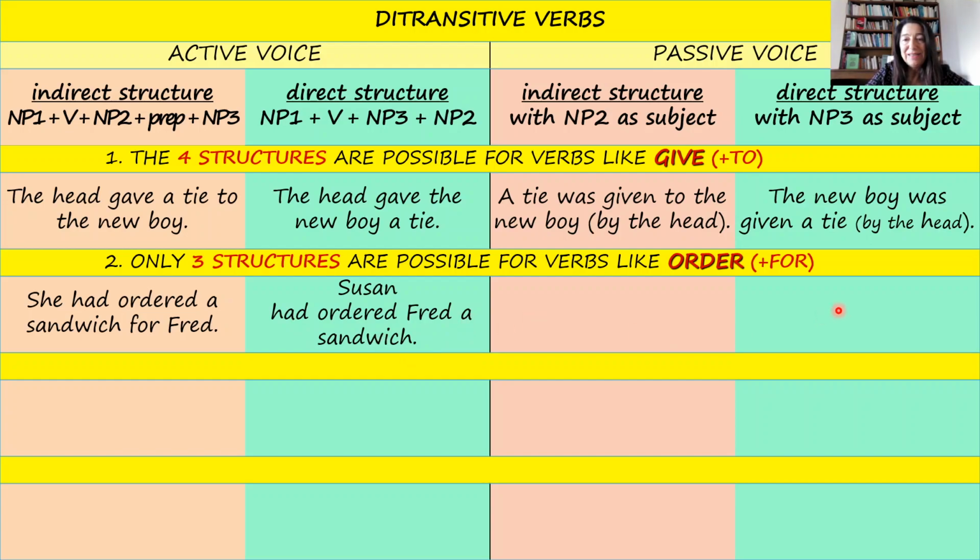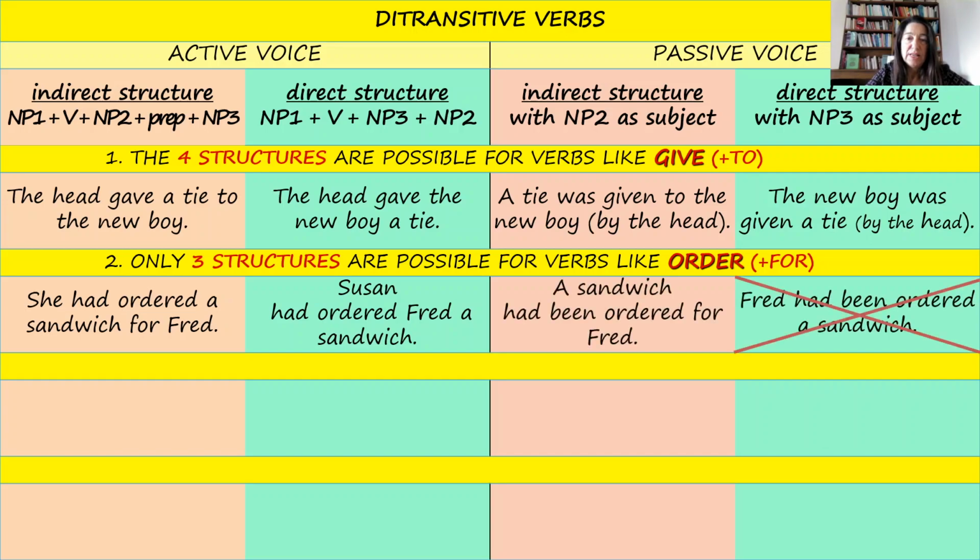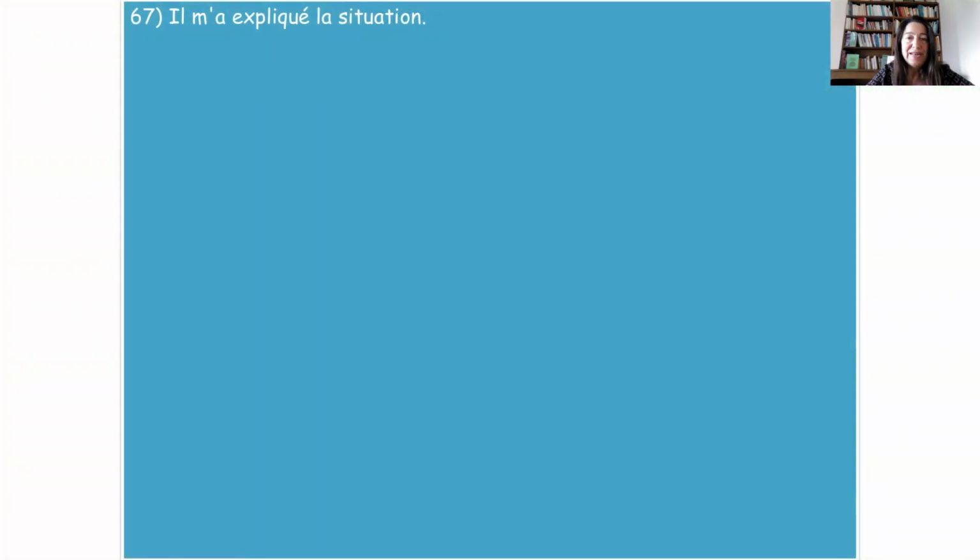And then the passive voice structures, only one of the two is possible. And we necessarily need to use a preposition in the structure for the passive voice. The sandwich had been ordered for Fred. Let's go on. The next example, il m'a expliqué la situation.